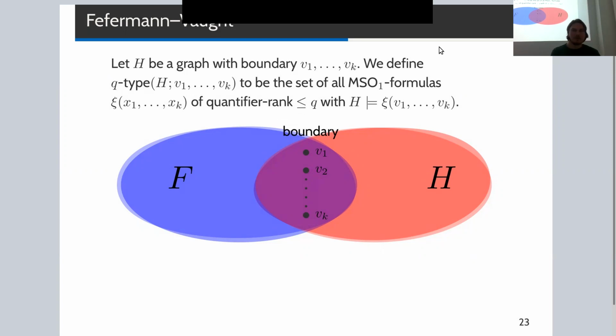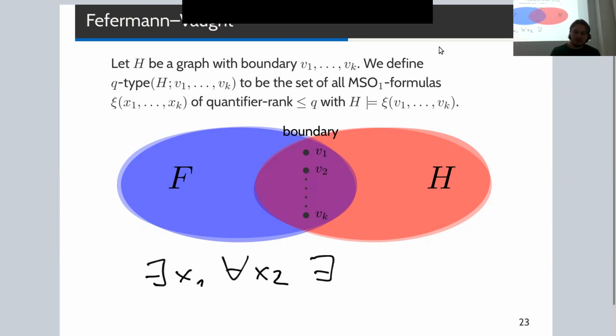And the second important thing is the quantifier rank. I'm not sure if we defined the concept of quantifier rank. The quantifier rank is how deeply nested quantifiers can be. So if you have a formula: exists x1, for all x2, exists x3, this one would have quantifier rank 3 because you have 3 nested quantifiers.